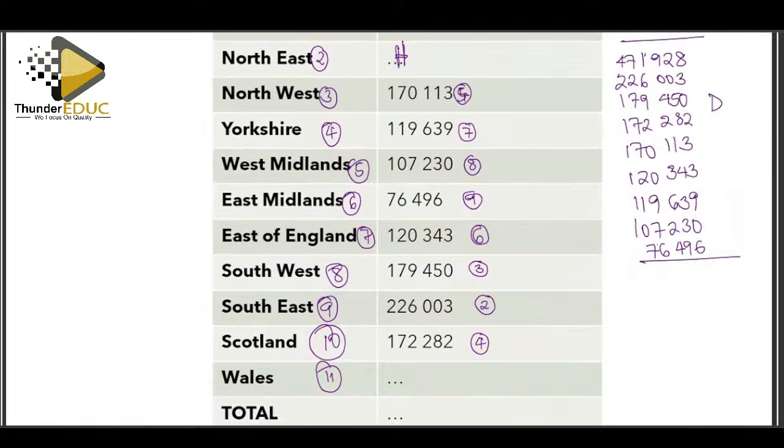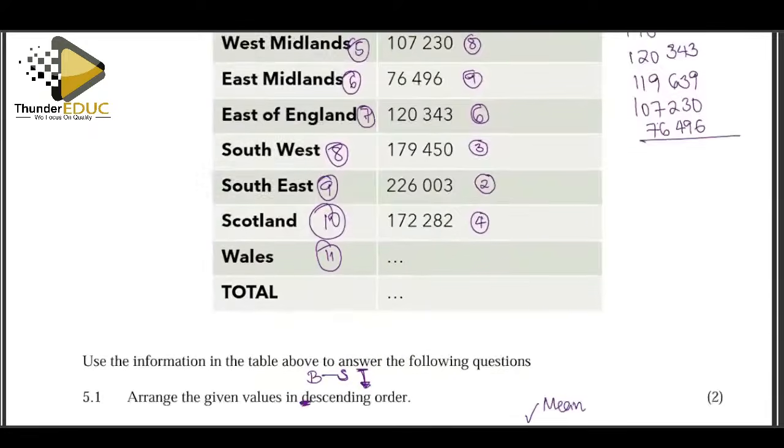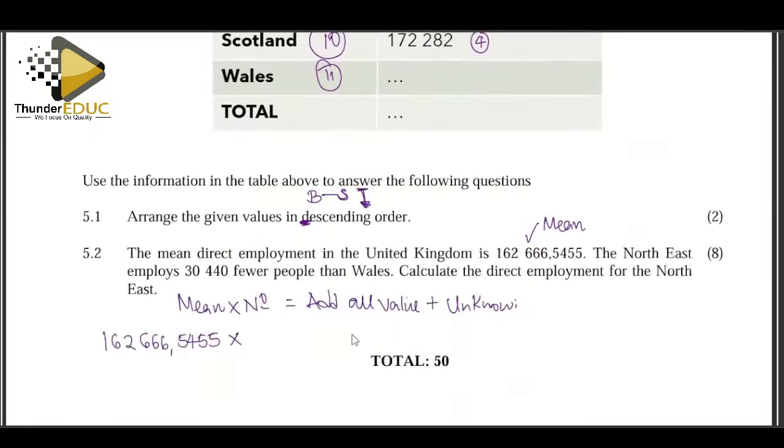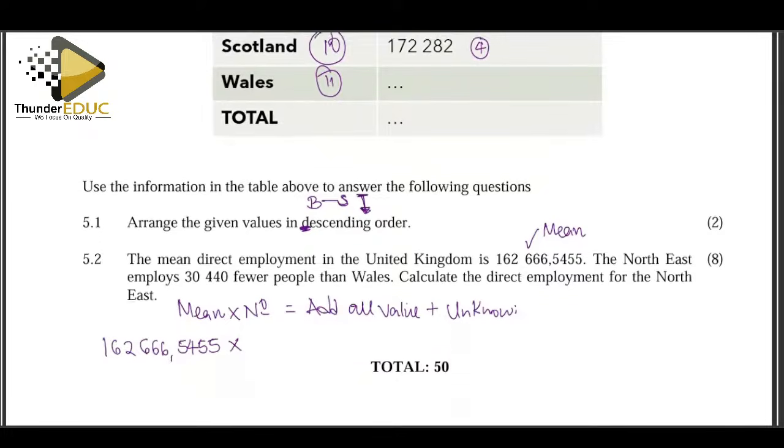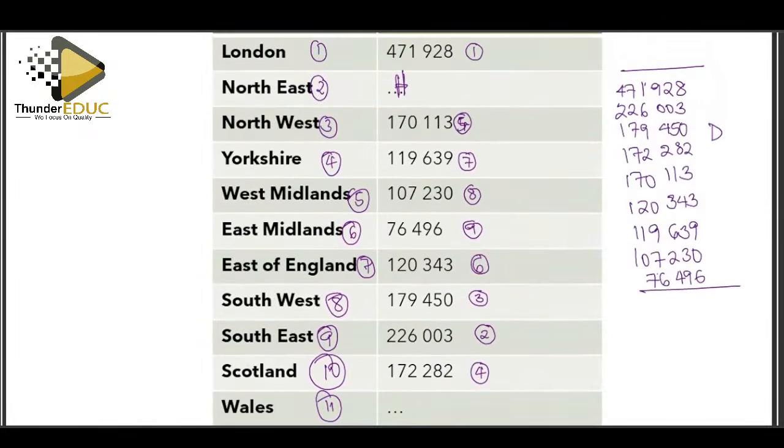But they have told us the northeast employs 30,440 fewer people than Wales. You understand? In other words, fewer meaning smaller.